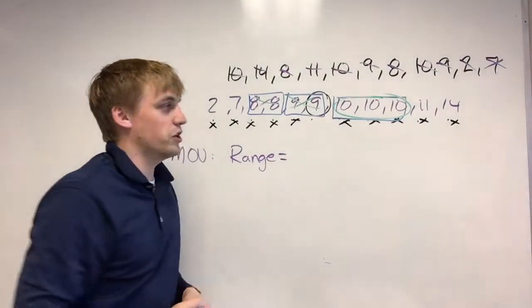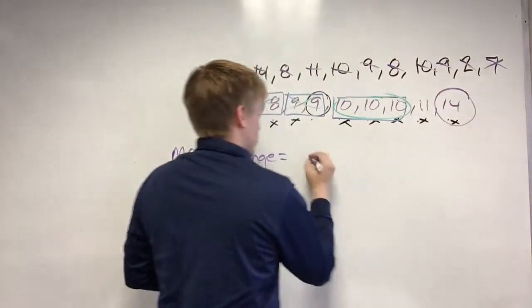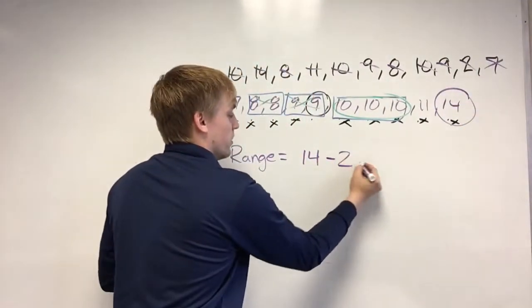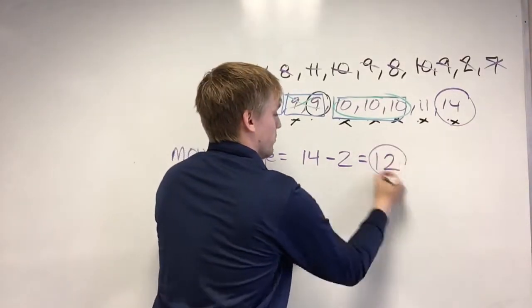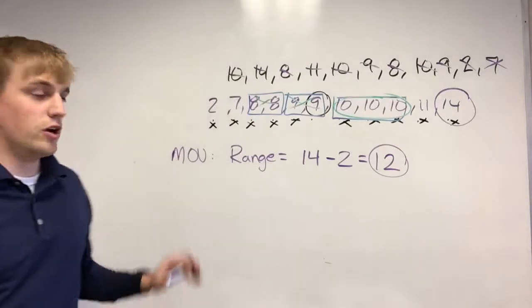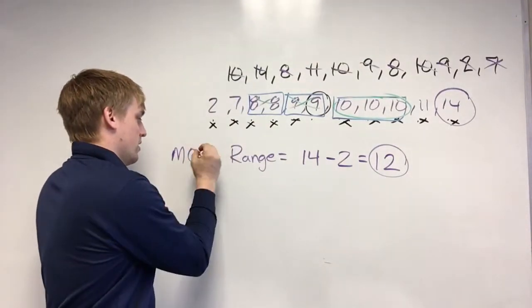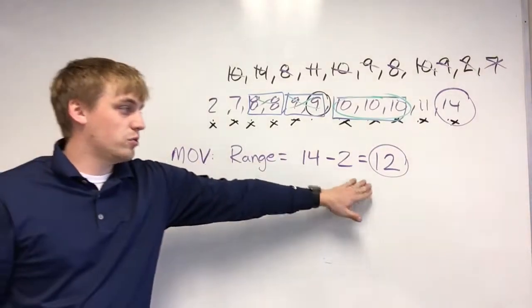Range is when you take the biggest number, which is 14, and you subtract the smallest number, 2. 14 minus 2 is 12. So our range, our measure of variability, this is MOV, how spread out the data is, is 12.